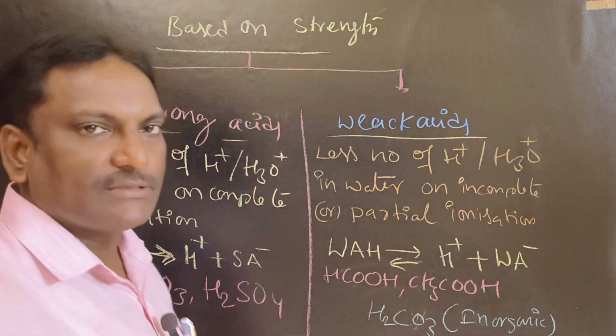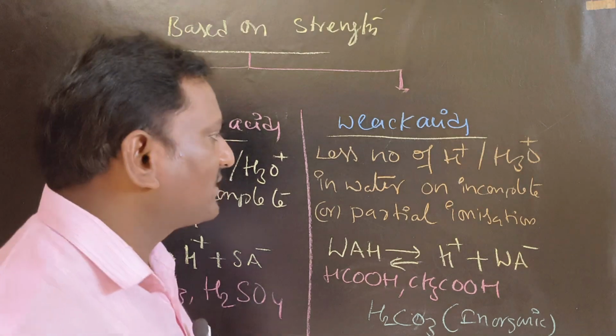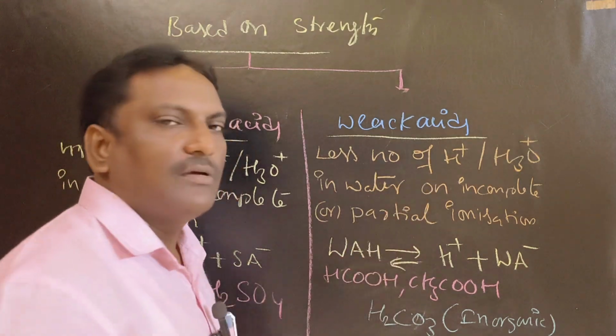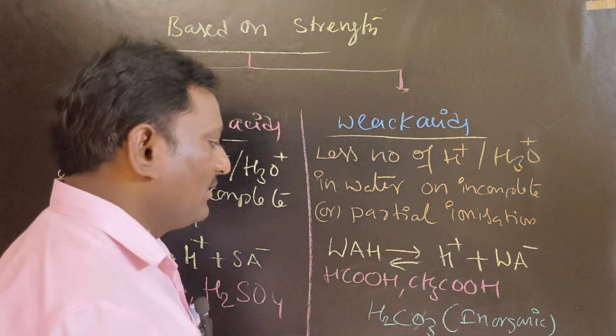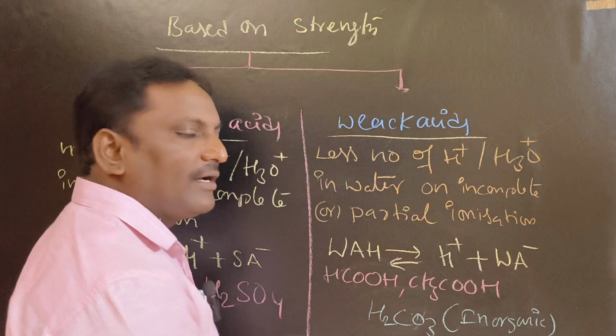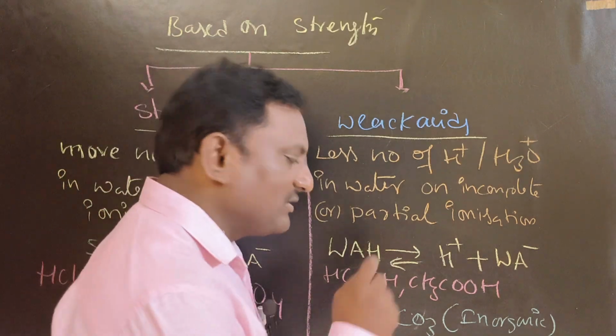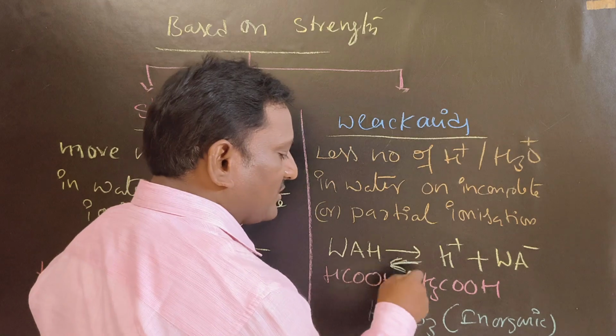Next one, weak acid. Those acids are ready to produce very less number of H plus ions or hydronium ions in water on partial or incomplete ionization. Examples: formic acid, acetic acid, and carbonic acid, which is an inorganic acid. Here it's a reversible reaction.